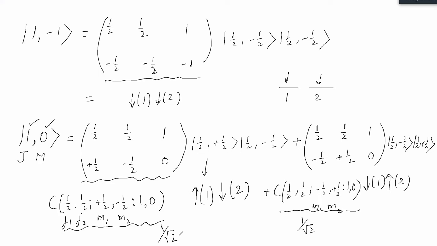This will turn out to be 1 by root 2, such that I can write these two together as 1 by root 2 times spin in state 1 is in up state, spin in state 2 is in the down state, plus spin in state 1 is in spin down state, and spin in state 2 is in a spin up state.